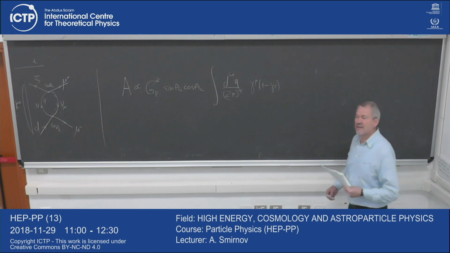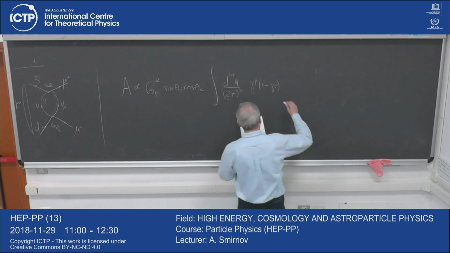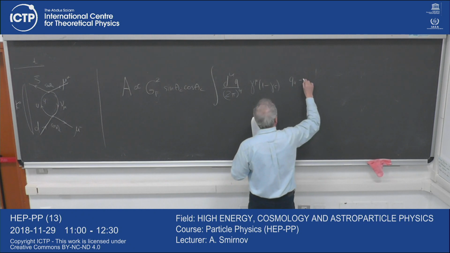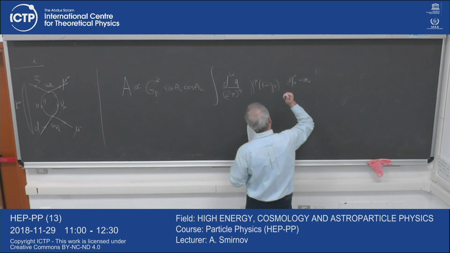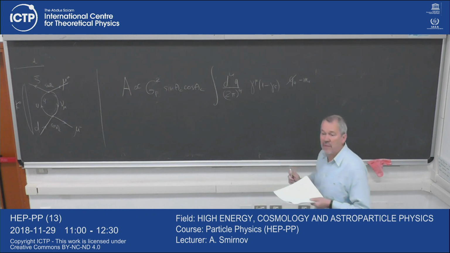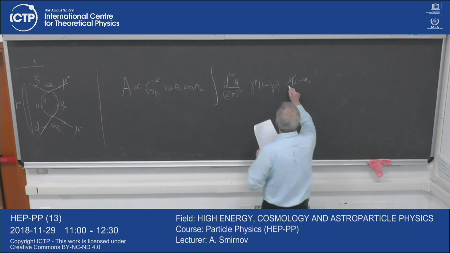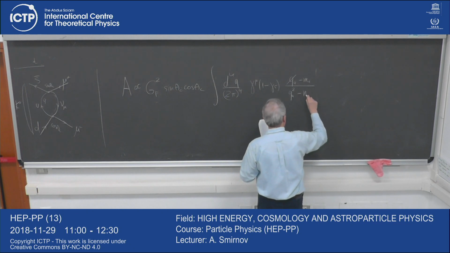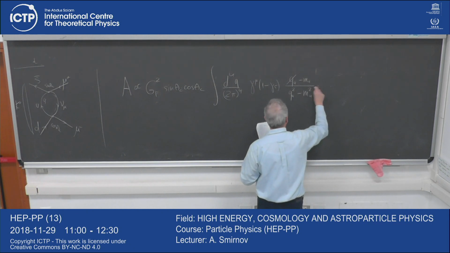Okay, so Green function, which is q-slash, the four-momentum of the u quark, minus mu, and actually this is the four-momentum multiplied by gamma matrices. And in the denominator you will have q_u squared minus mu squared.